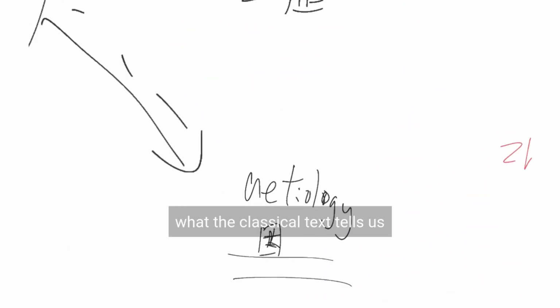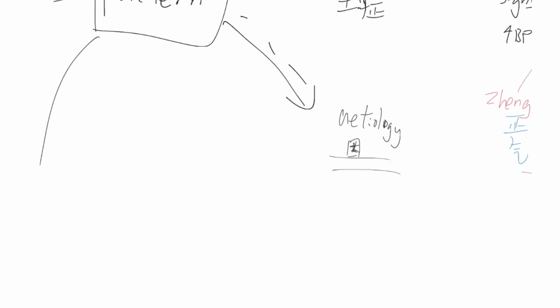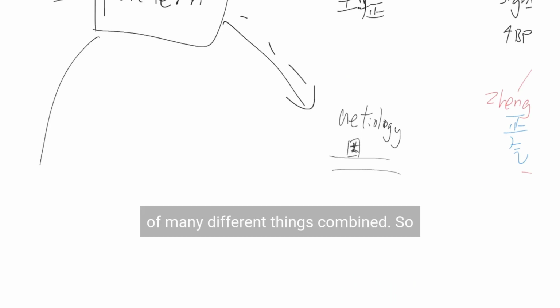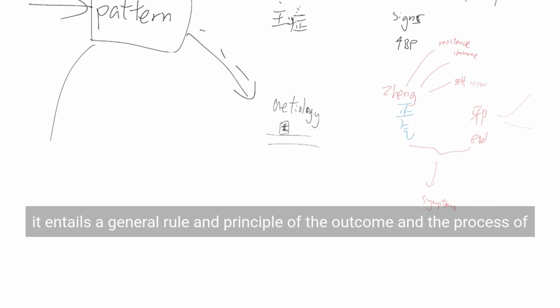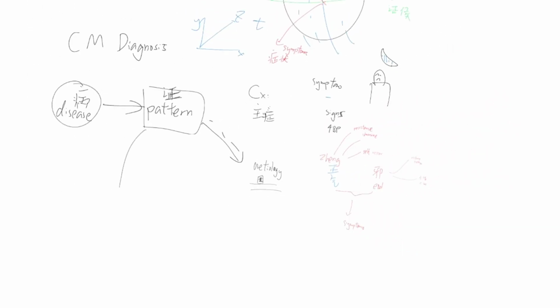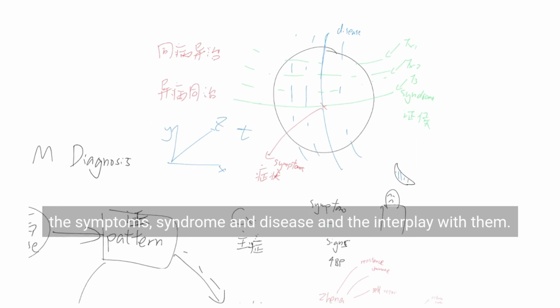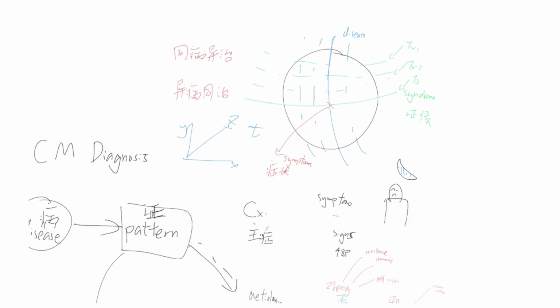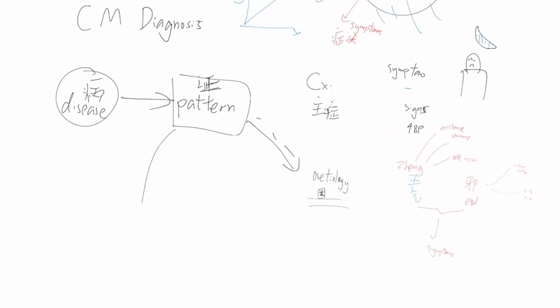Basically, what the classical texts tell us is a generalized collection of many different things combined. It entails a general rule and principle of the outcome and process of zhen qi and evil qi. It entails the possible etiology, the symptoms, syndrome, and disease, and the interplay between them. So that's why you have to dig further.